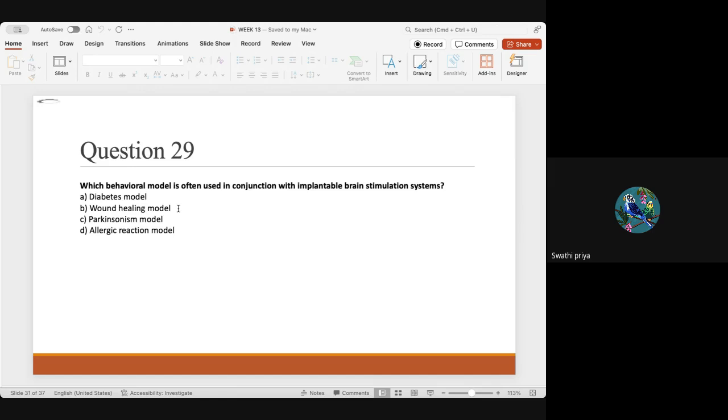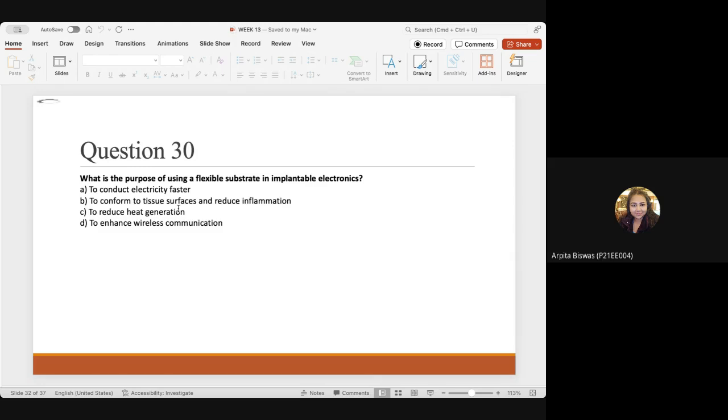Option C. Yes, option C is the right option. Parkinsonism model.